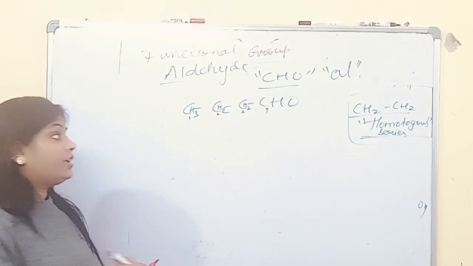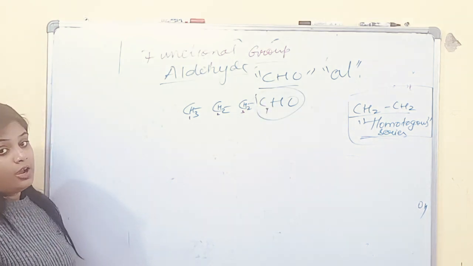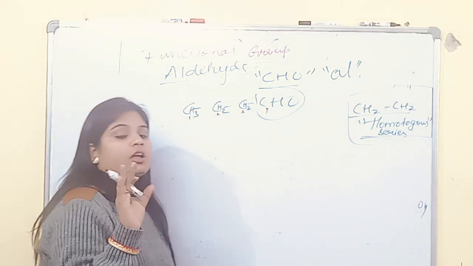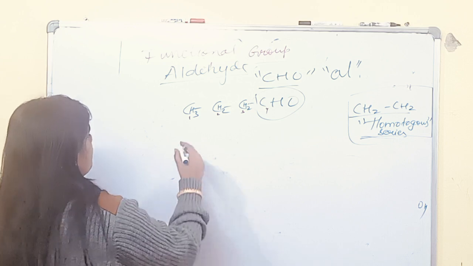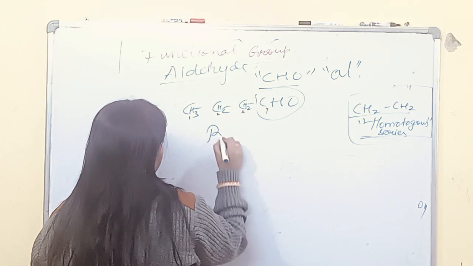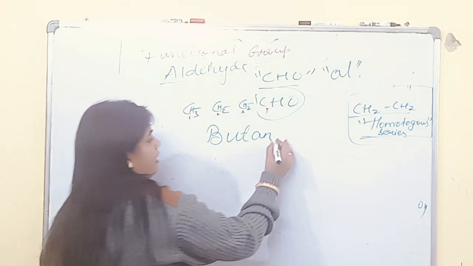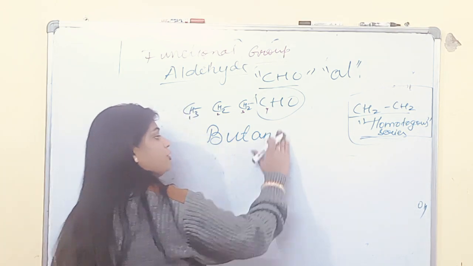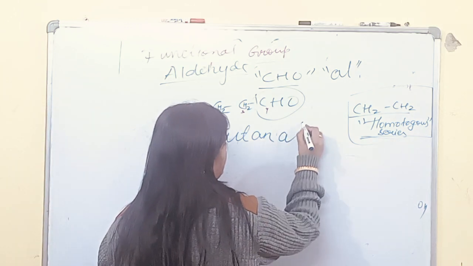We will number the carbons including the carbon in the functional group. Don't forget to count the carbon which is present in the functional group. So 4 carbons. 4 means Butane. What do we do in the prefix? We remove E. Butanal.